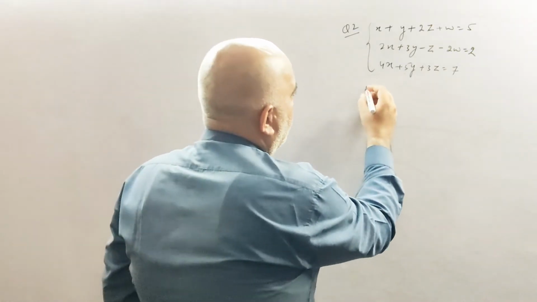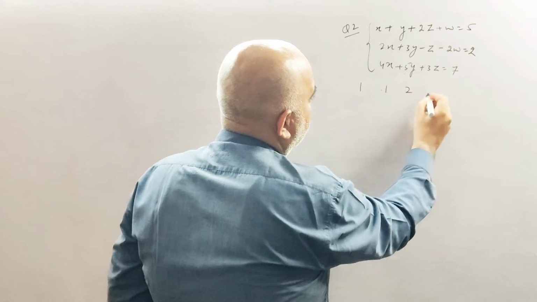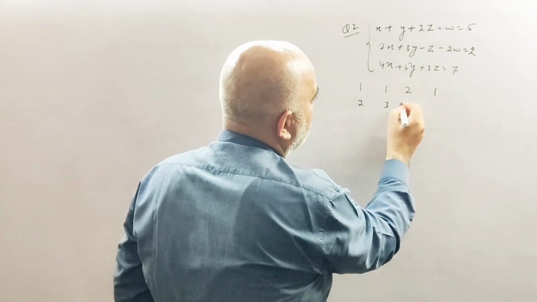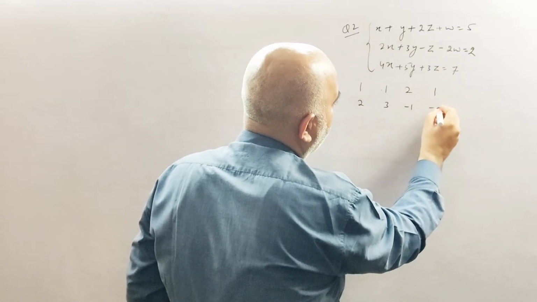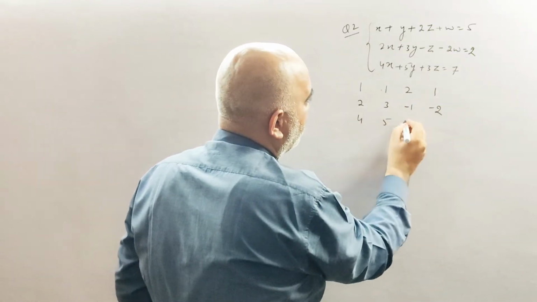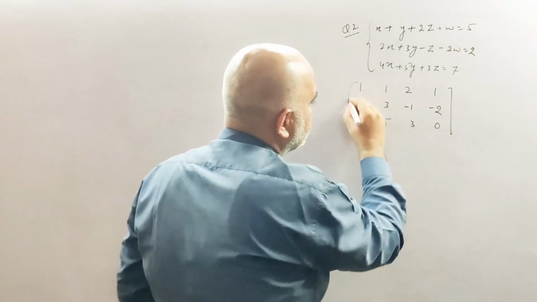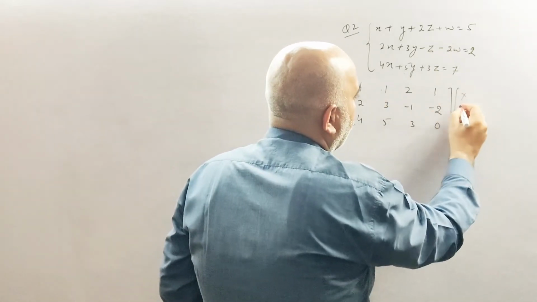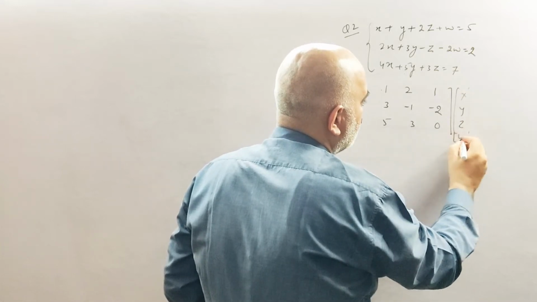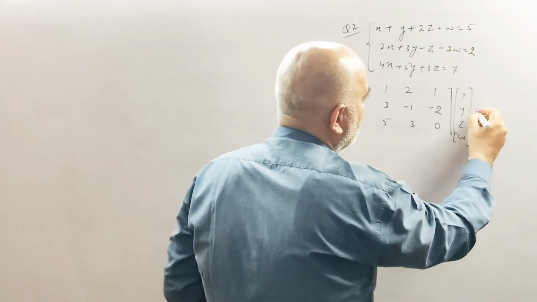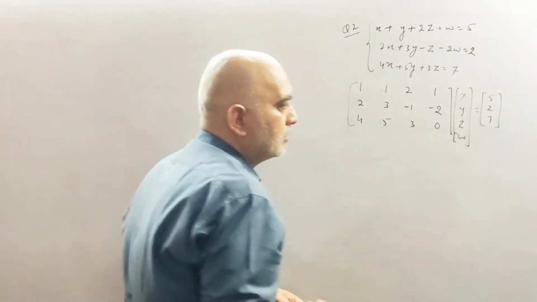First of all, write it in the simple format: 1, 1, 2, 1; 2, 3, minus 1, minus 2; and 4, 5, 3, 0. This is the A matrix. The matrix of unknowns is x, y, z, w, which is equal to 5, 2, 7.